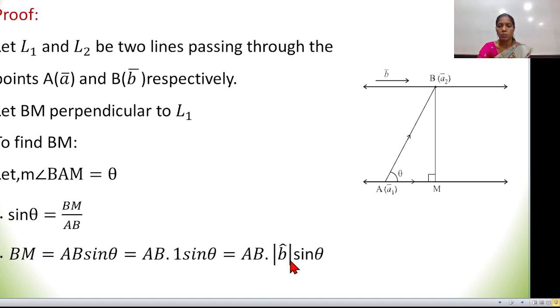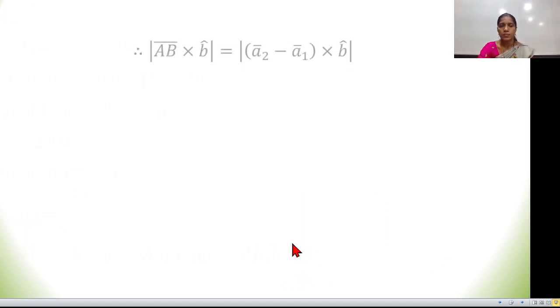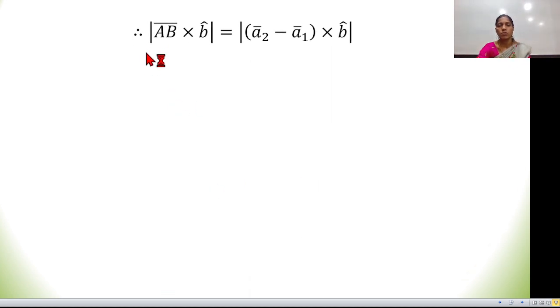So AB dot B cap sine theta we can denote as AB bar cross B cap. By definition of cross product, AB into 1 into sine theta is equal to the magnitude of AB bar cross B cap.